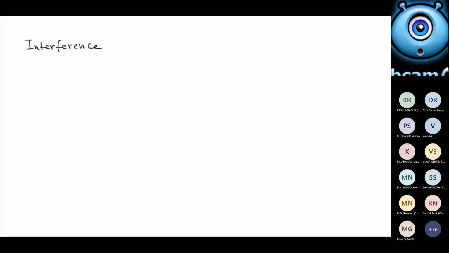Interference, broadly speaking, is the phenomenon when multiple signals are received at the same time. So multiple CSS symbols being received at the same time will interfere with each other. And it's possible that one of these signals will cause the loss of the other, or maybe all of them would be lost. How interference works is very specific to the type of modulation and demodulation that is being used.